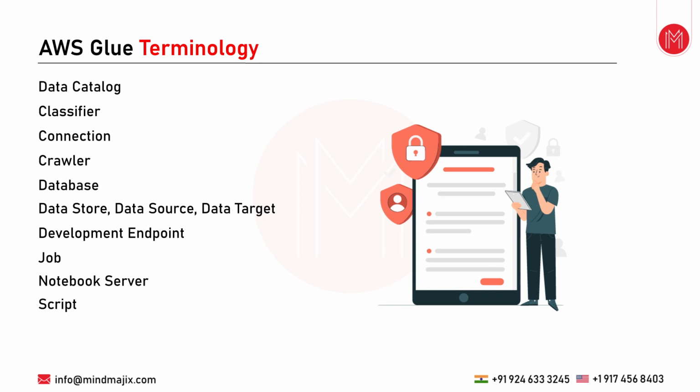Okay, the next point here is that of table. A metadata definition that represents your data is nothing but a table. Whether your data is in an Amazon S3 file or in Amazon Relational Database Service, which is nothing but RDS, or it can be another set of data, a table defines the schema for your data. A table in the AWS Glue Data Catalog consists of the names of the columns, data type definitions, partition information, and other metadata about a base dataset.